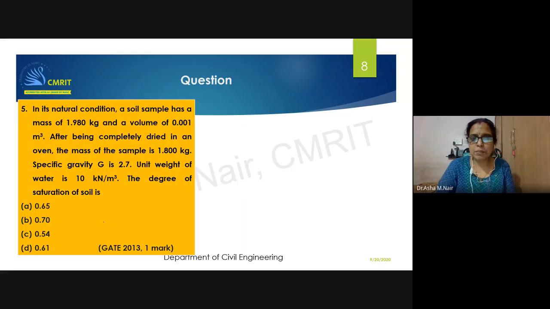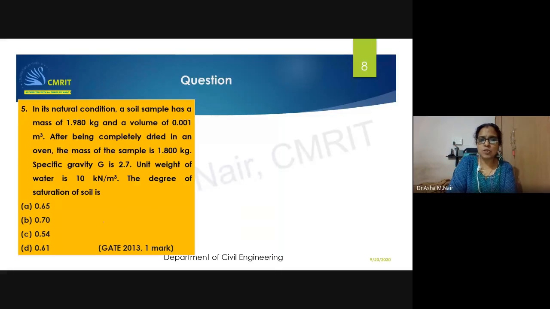After being completely dried in an oven, the mass of the sample is 1.8 kg. Specific gravity G is 2.7 and unit weight of water is 10 kilonewton per meter cube. And you are asked to find out the degree of saturation.